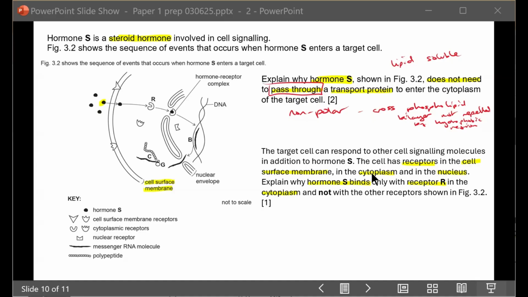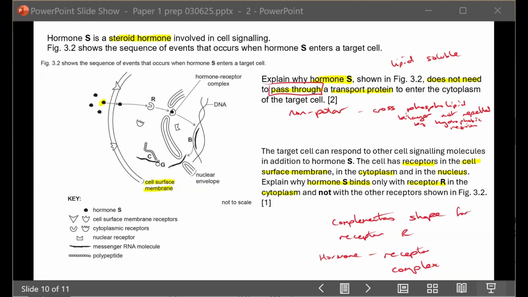We know it can get through, and because we know it can get through, we know that it will only bind with receptor R because receptor R has got the shape which is complementary. Complementary shape for receptor R because they will form a hormone receptor complex.